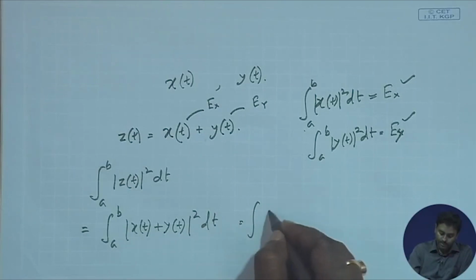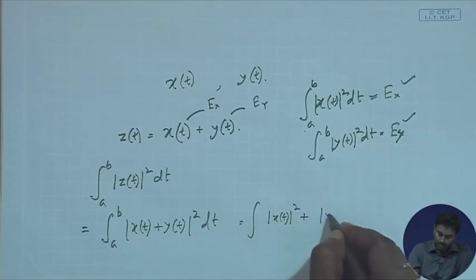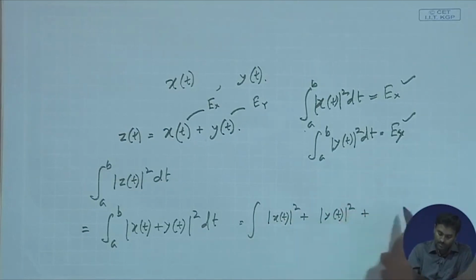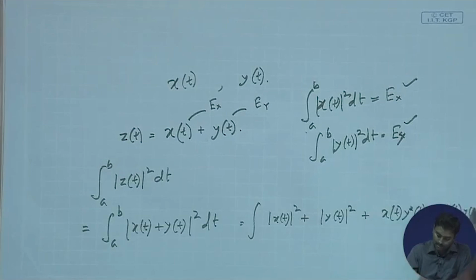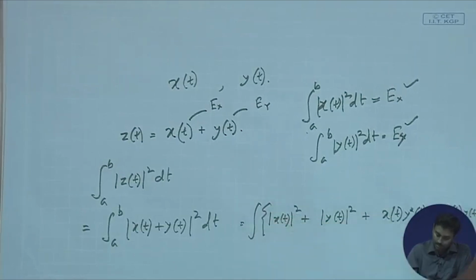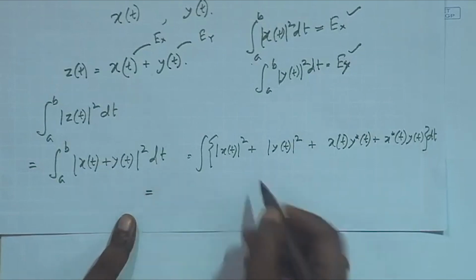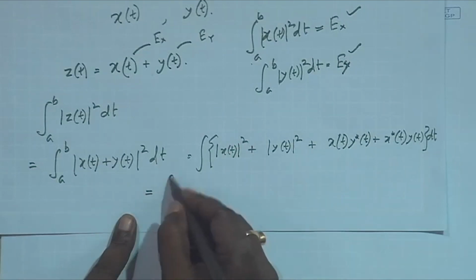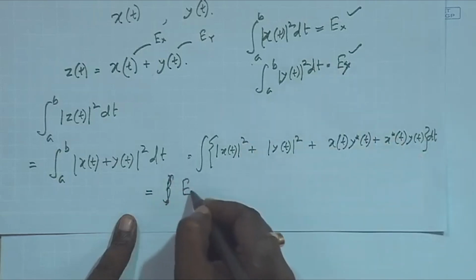That should be mod x(t) whole square plus mod y(t) whole square plus x(t) y star(t) plus x star(t) y(t), this whole thing integrated over dt, right.